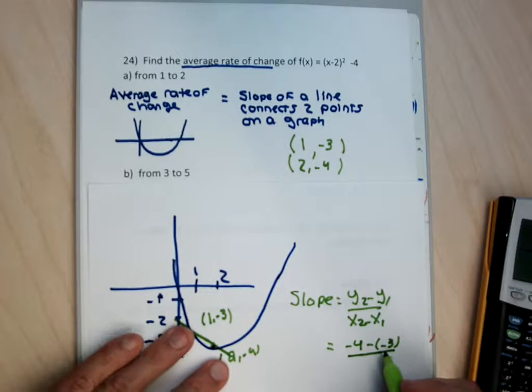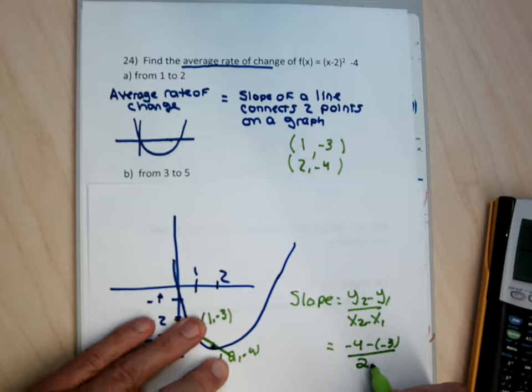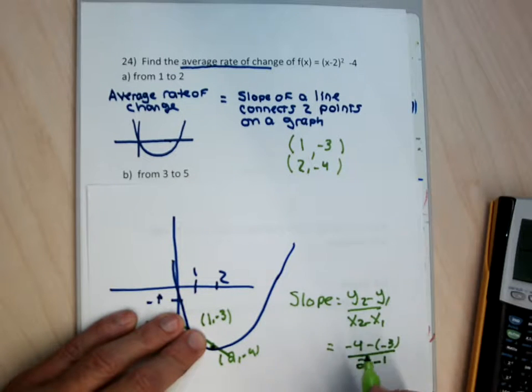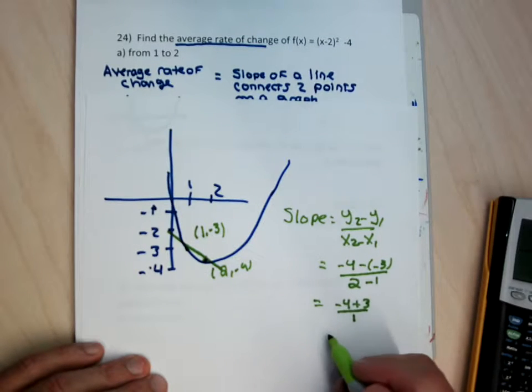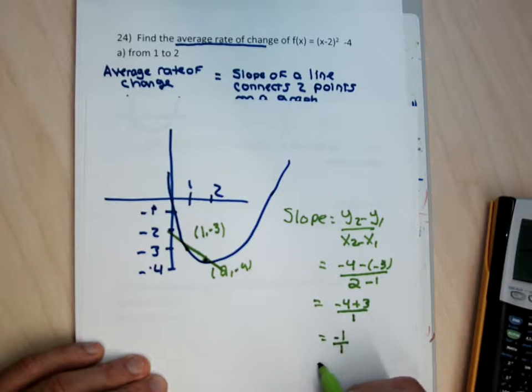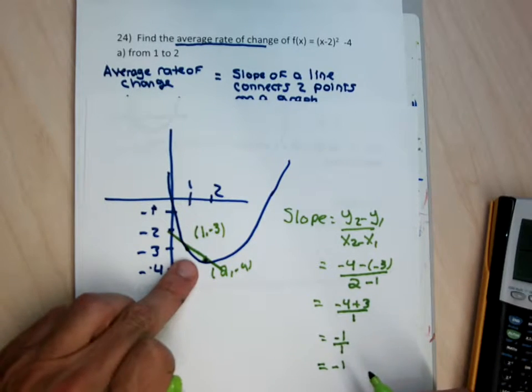And then in the denominator, x2, which is 2, minus x1, which is 1. This is going to give me negative 4, double negative turns to a plus, plus 3 in the numerator, which is negative 1. The denominator, 2 minus 1, is 1. The slope of that line is negative 1.